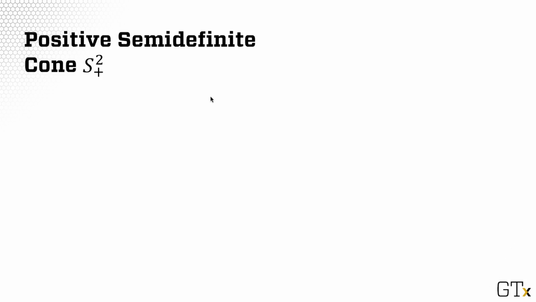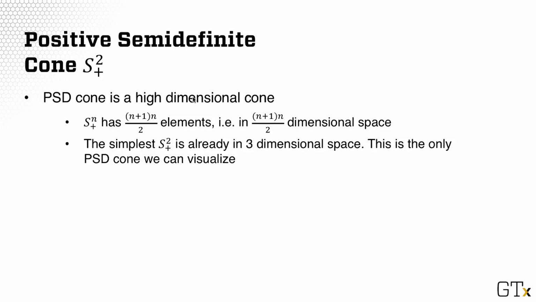Unfortunately, the positive semi-definite cone is actually a very high dimensional object if you count the dimension, because S^n_+ are matrices of n by n dimension, but they are symmetric. So you only need to look at the upper triangular part of the matrix. Those are independent variables, and whatever is in the lower triangular part will be identical to the upper triangular part.